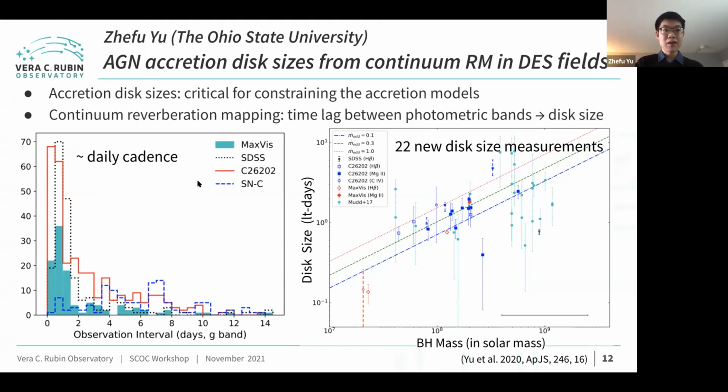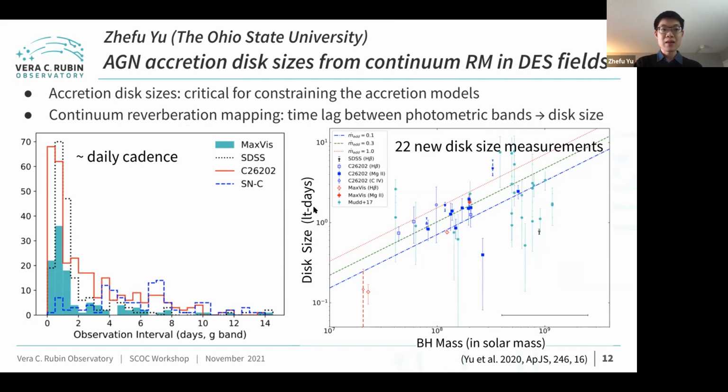Specifically, the size of the AGN accretion disk is a critical parameter for constraining the accretion models.